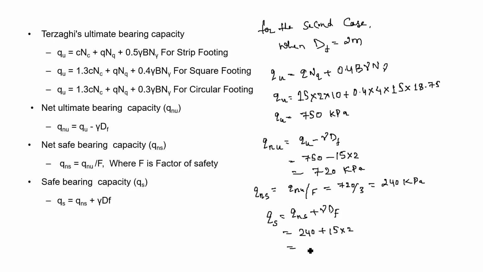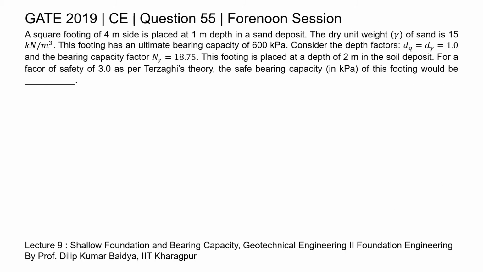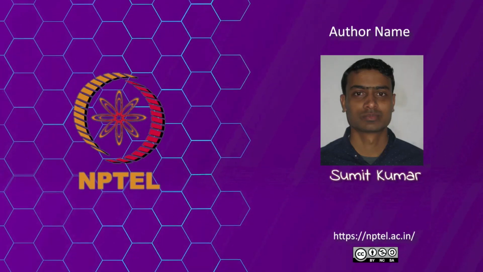So we got 240 plus 30, that is 270 kilopascal, which is the safe bearing capacity for the second condition, that is when the footing is placed at 2 meter. So we can say the safe bearing capacity of this footing would be 270. So 270 is the correct answer for this question. Thank you.